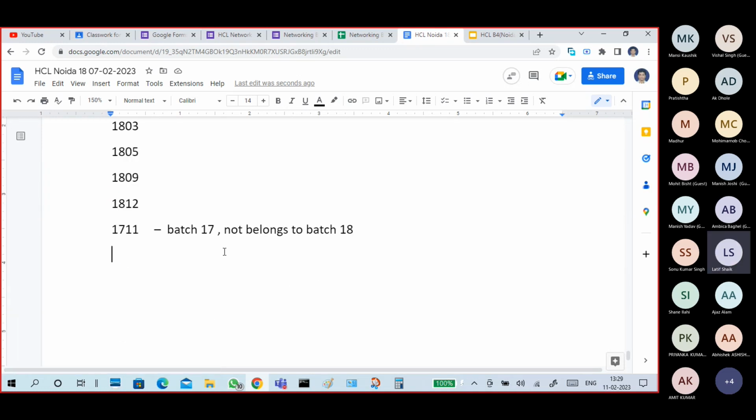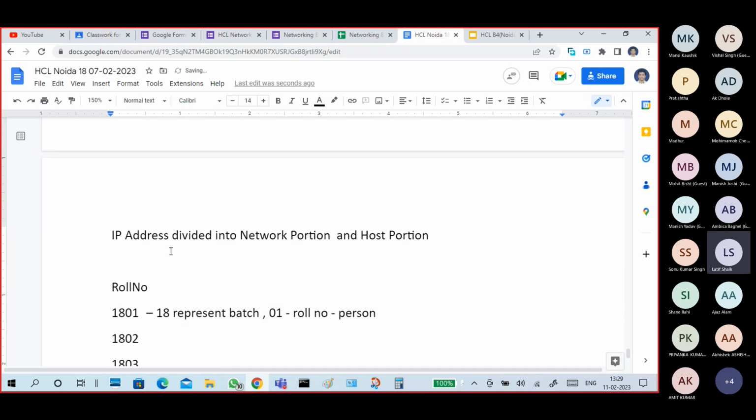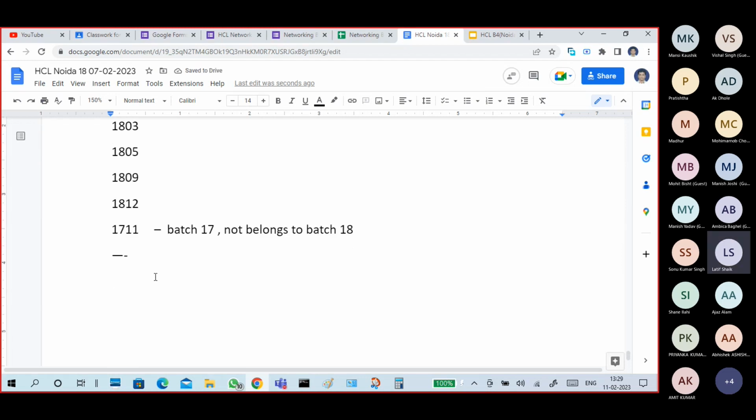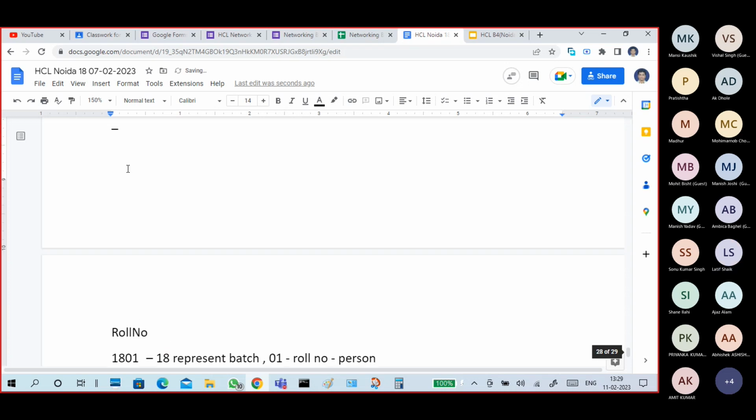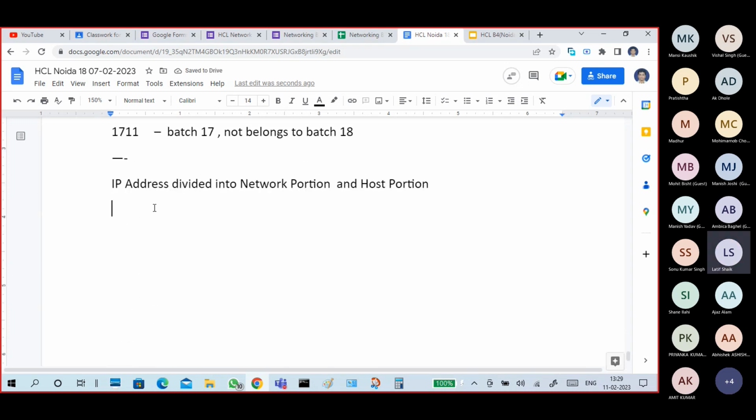The network represents which network you belong to. Devices in the same network can communicate with each other. Host means computers or devices.